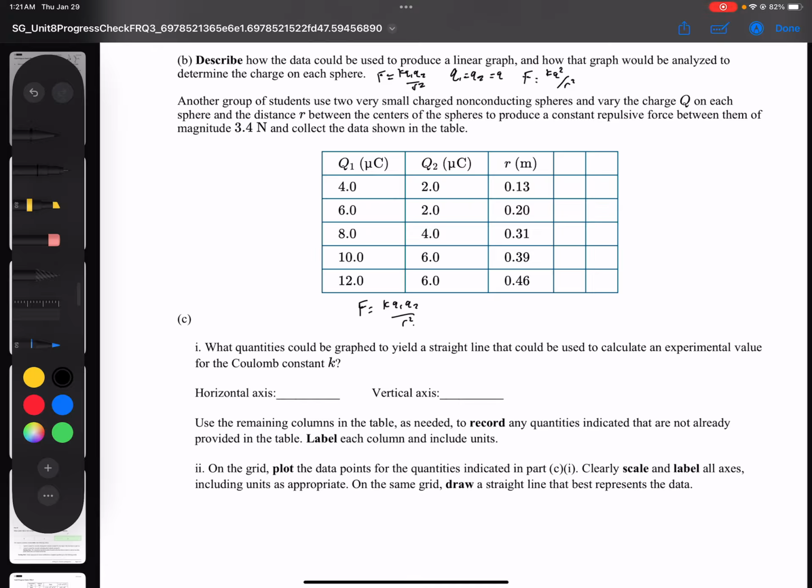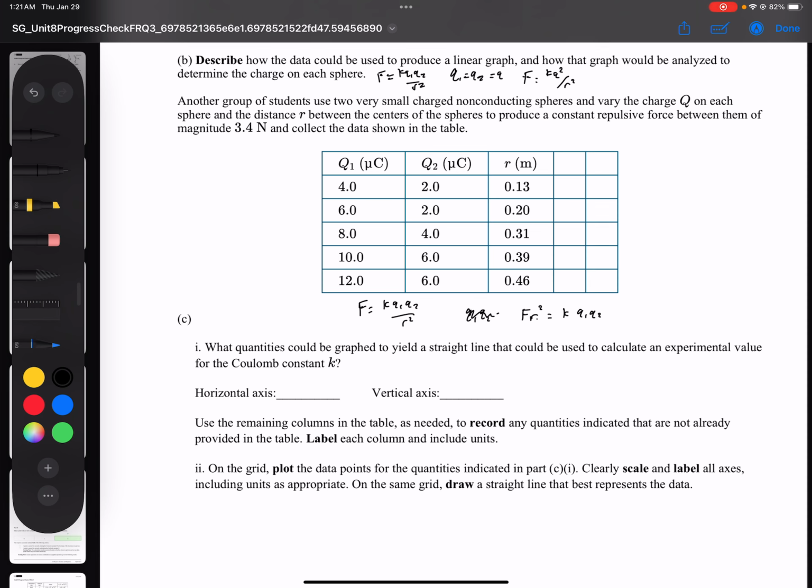So looking at this equation, if we want to solve for K, I'm going to rewrite this. The product of Q1 and Q2, that's my independent variable. Actually, let me write it like this: F times R squared is equal to K times Q1 times Q2.